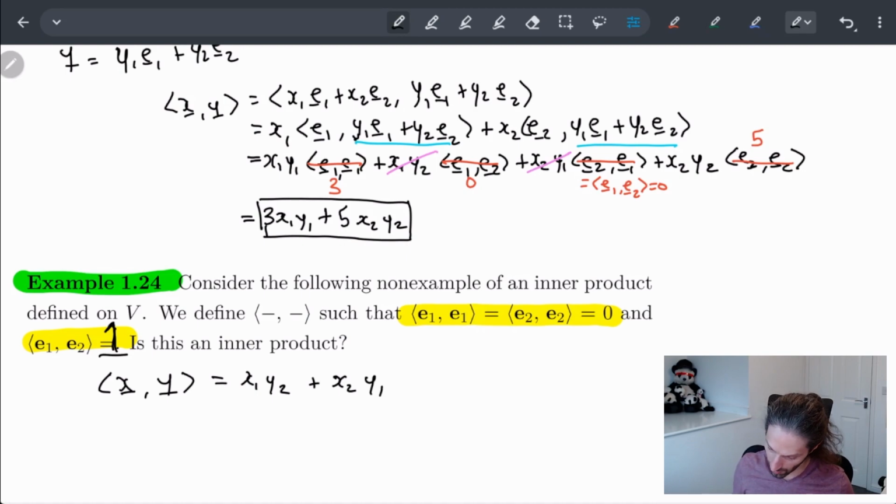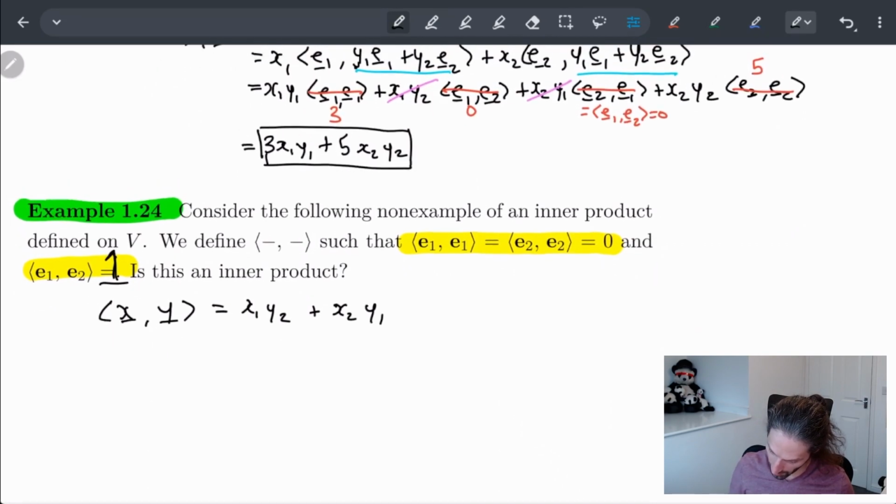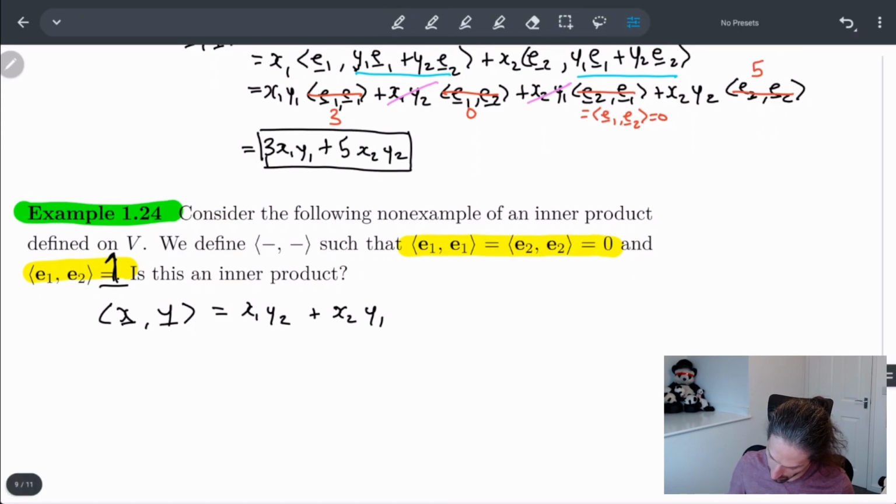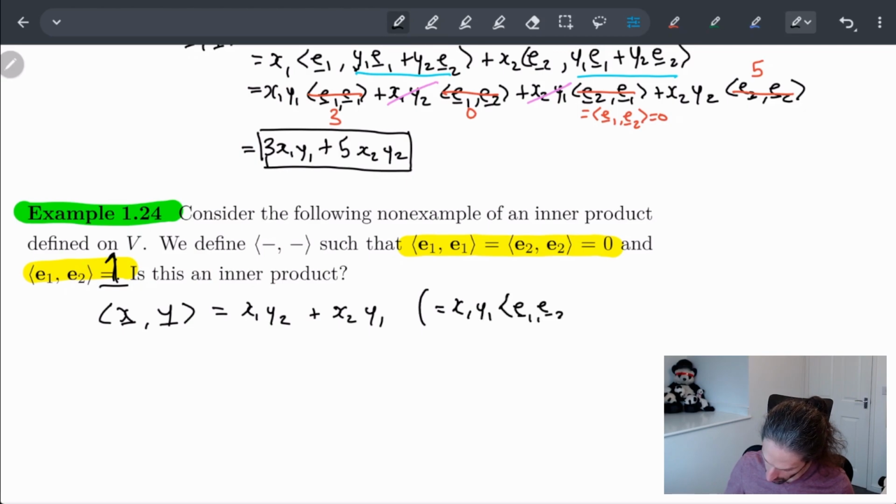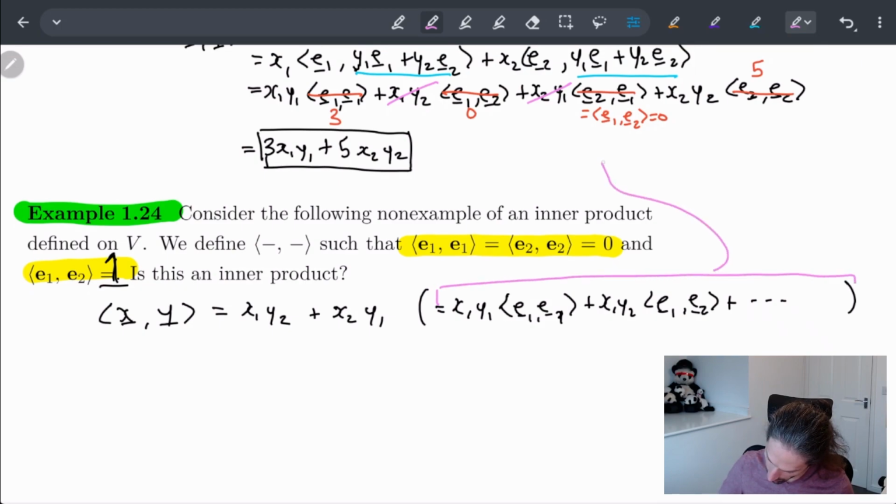Let me do this first: x1, y1, e1, e1 plus x1, y2, e1, e2, etc. And this whole thing is coming from that one. So that's where that came from.